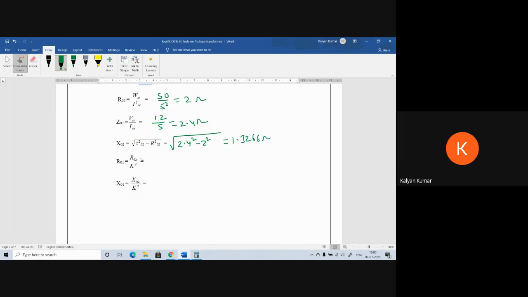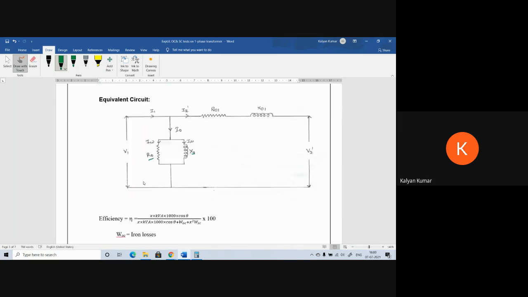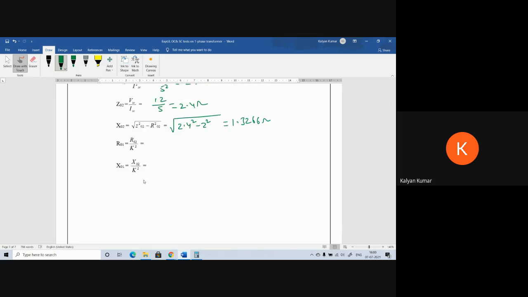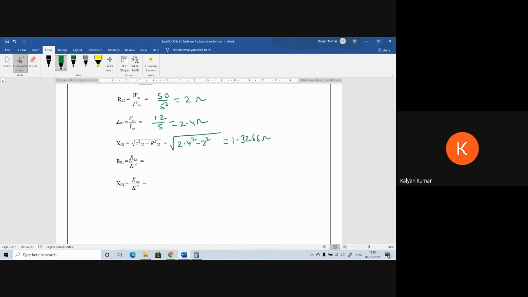1.3266 ohms. Now we need to convert R02 and X02 onto the primary side. As the equivalent circuit is drawn with respect to the primary side, to convert we have to divide by K square. K is given by the turns ratio, the transformation ratio V2 by V1. So 200 divided by 100, we get a transformation ratio of 2. So R01 equals 2 by 2 square, which is 1 by 2, that is 0.5 ohms.